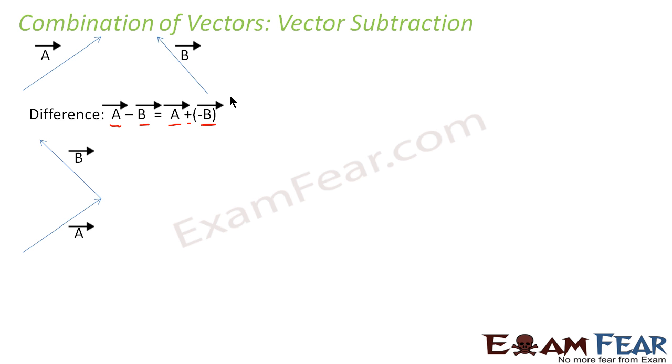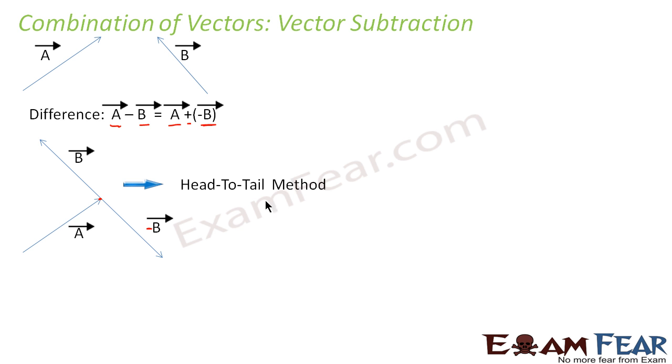Here also we'll place A as it is and we'll place B with A such that the head of B coincides with the tail of A. Now if this is vector B, then this would be minus B, because this minus sign shows that it is in the opposite direction of B. So the magnitude and everything will remain the same, just that it is in the opposite direction. So if B was in this direction, this is minus B. So this is vector A and this is vector minus B.